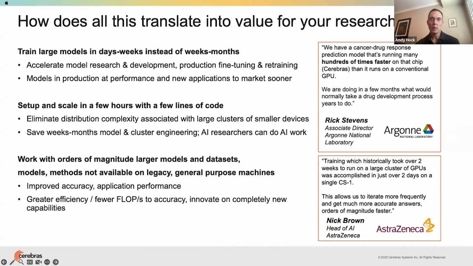And on the bottom right, we've also worked with many commercial customers that are building AI models for scientific development. Here, AstraZeneca, the biomedical and pharmaceutical giant, was using our machine to train large language models on scientific literature.